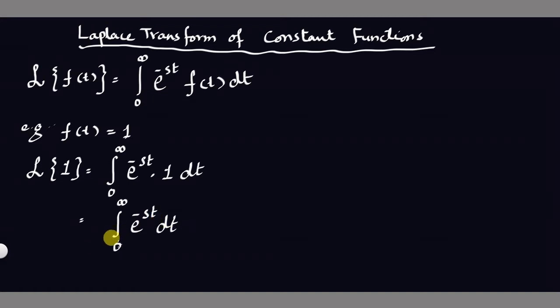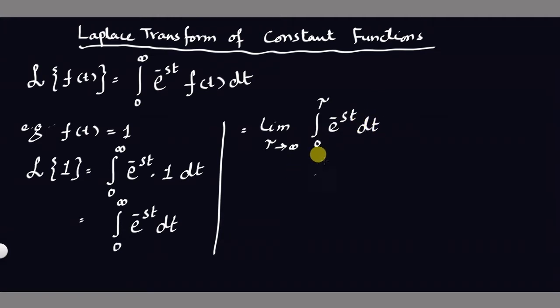And this is an improper integral, so keep in mind you can convert this integral into the limiting form. Now integrate e raised to the power minus st, and make sure here s is always positive.